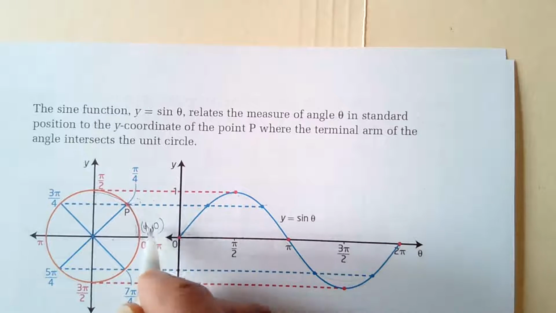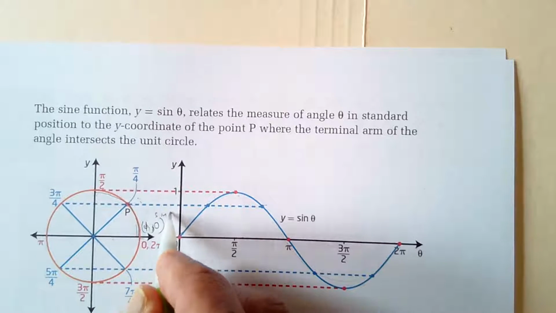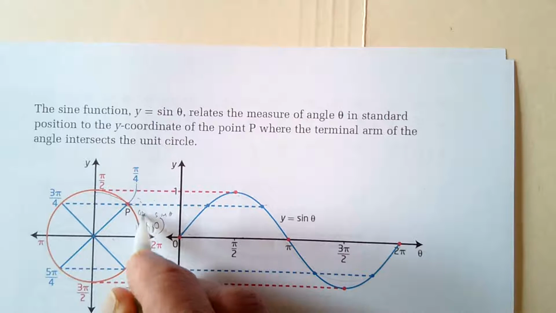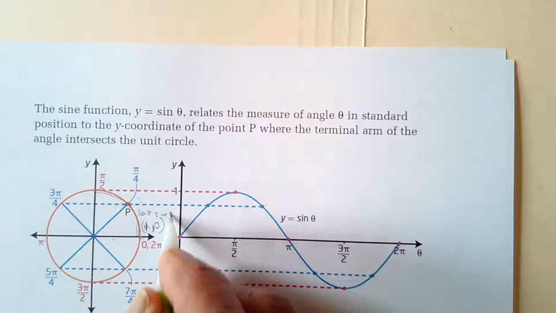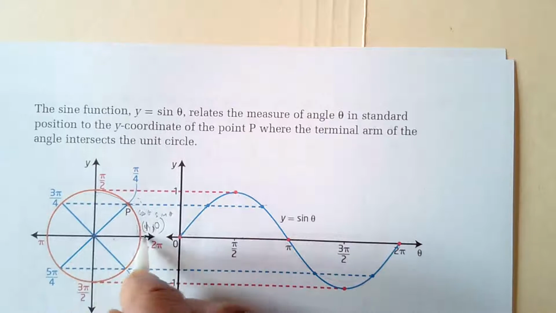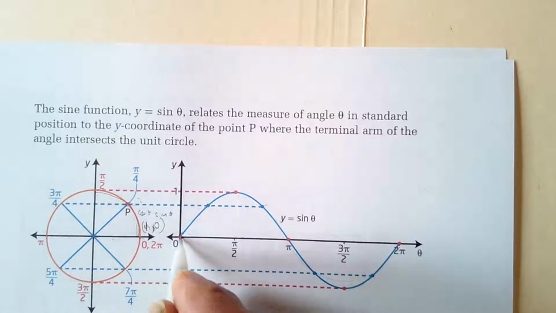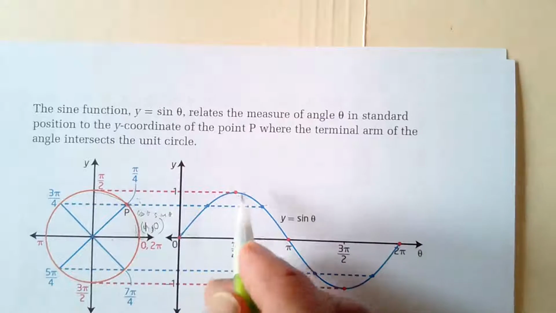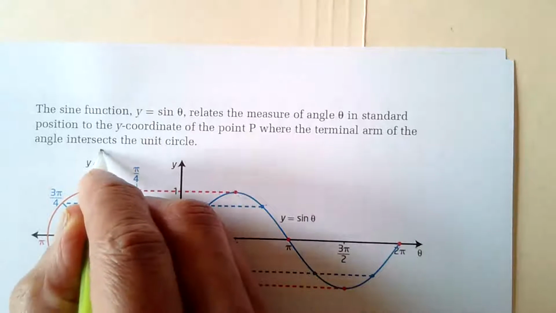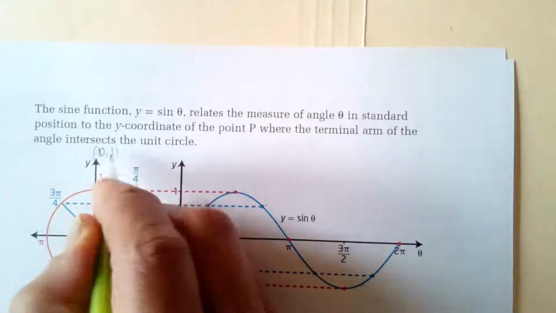Remember, your x value here is your cos theta, and your y value is sine theta. So when x is 1, sine is 0. At pi over 2, sine is 1.